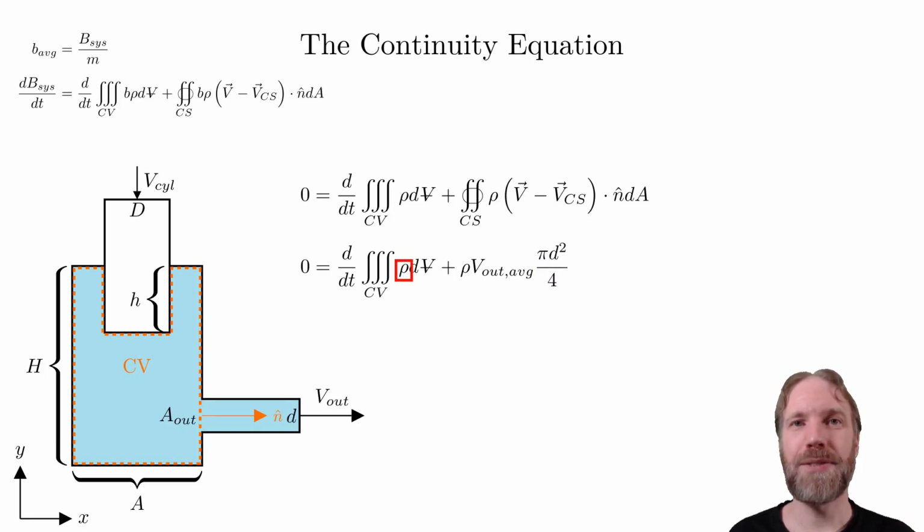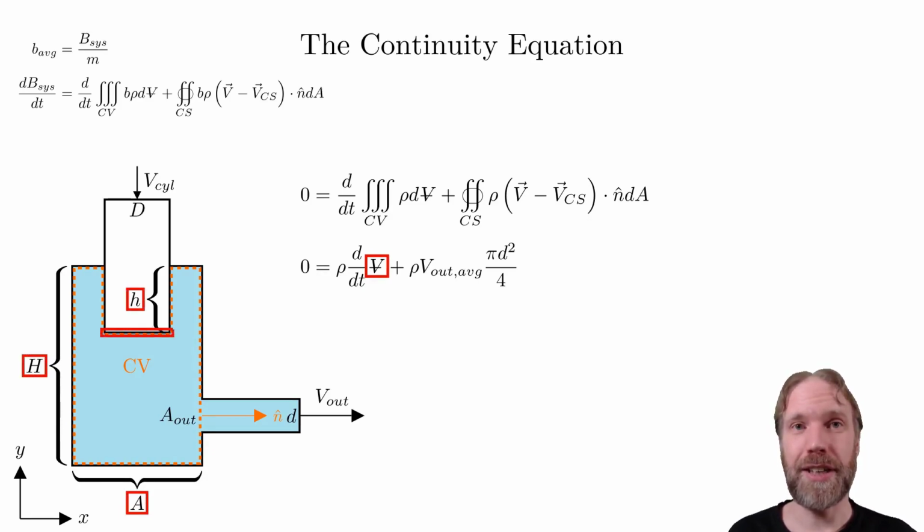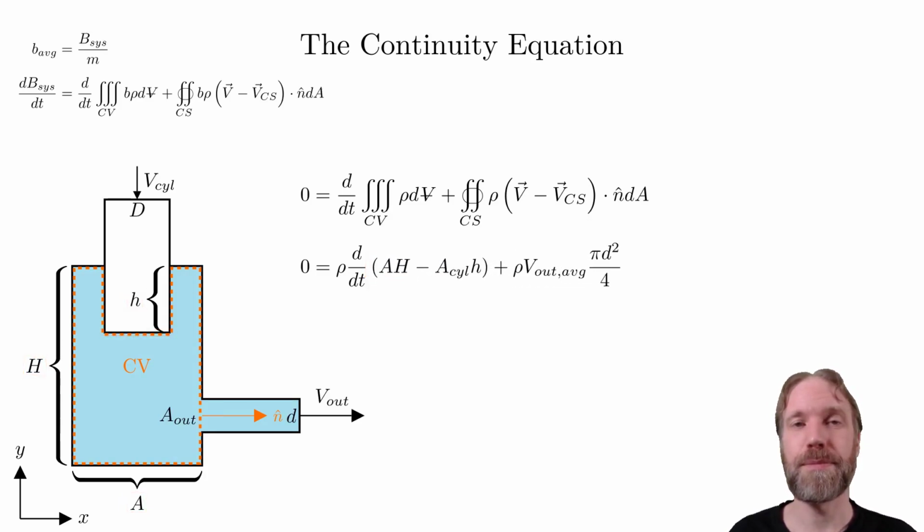We can assume that water is incompressible and place the density outside the integral. This integral will now be the volume. The volume can be calculated as the large cylinder volume A times H minus the cylinder. Here I call the base area of the cylinder A_cyl, which is pi capital D squared over 4.